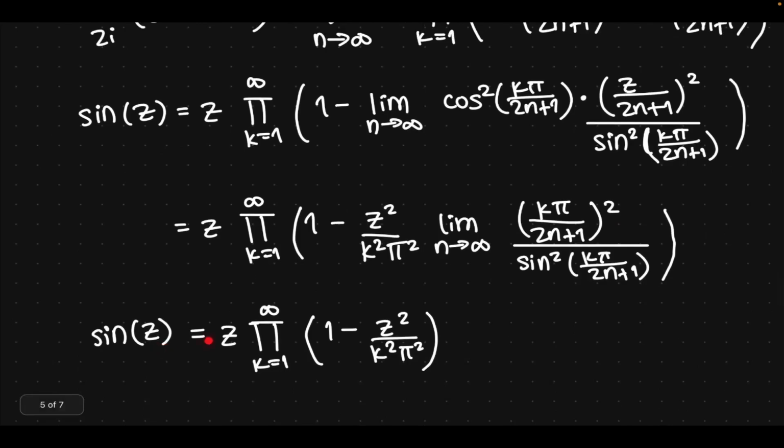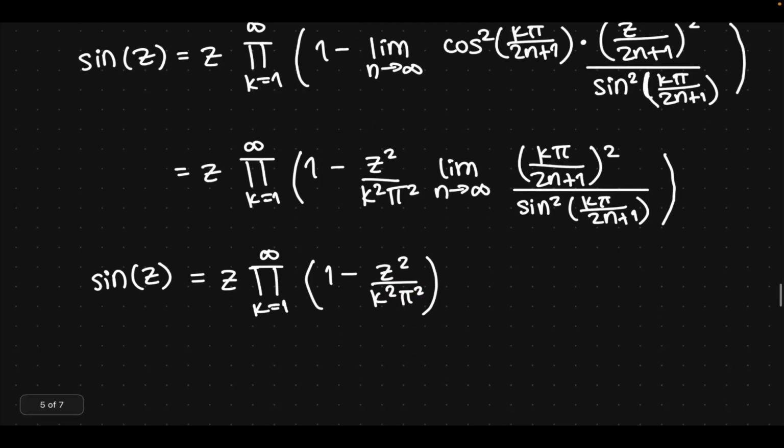So sine z equals z times the product from k equals 1 to infinity of 1 minus z squared over k squared pi squared. And this is the famous Wallis product formula. It's a product representation of the sine, or more precisely the sinc function, because we have sine z over z.